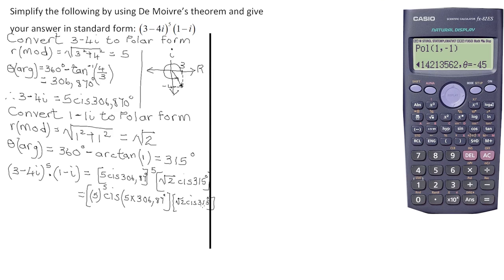Close bracket. And you use your calculator for 5 to the power 5 and you get 3125 cos, and you use your calculator, 5 times 306.870, and you will get 1534.350.